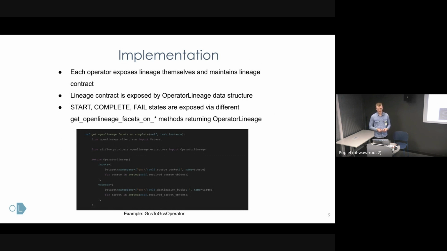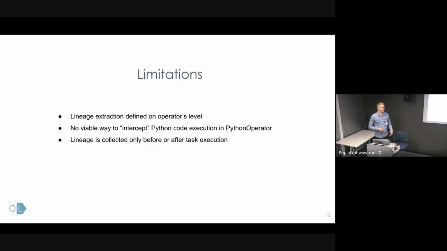We just gather what has been defined as source and target objects and translate it to input and output datasets in OpenLineage. But this implementation in terms of PythonOperator has its limitations. First, it all happens on the operator level, so we cannot intercept Python code. We cannot see what's really happening inside.